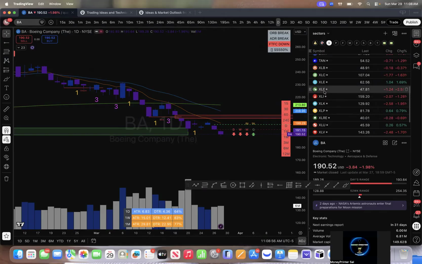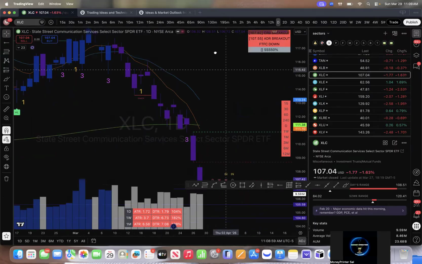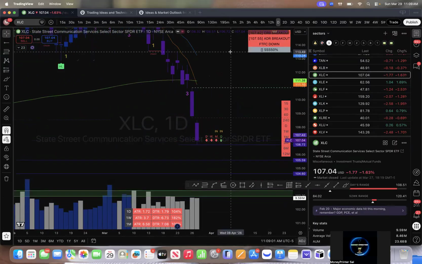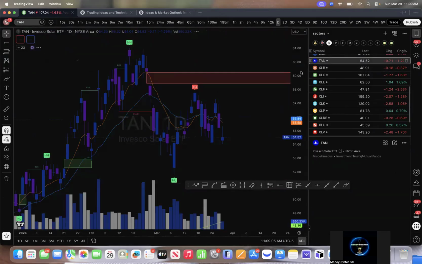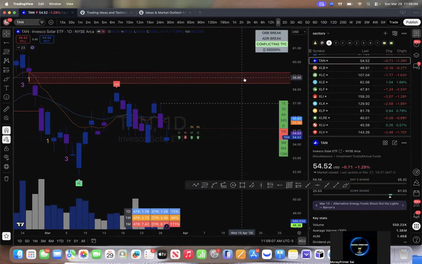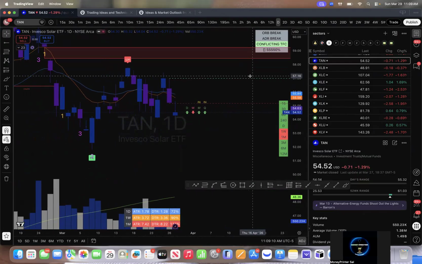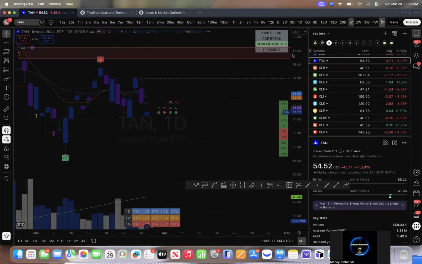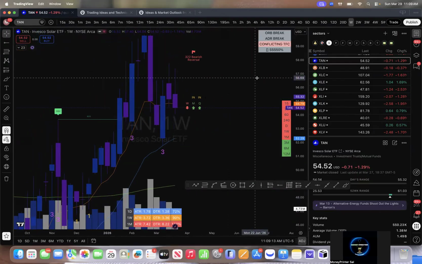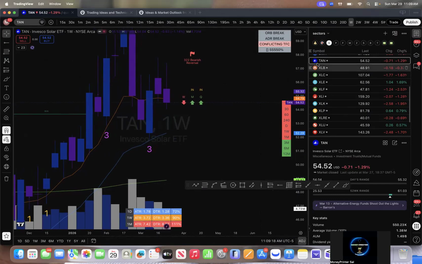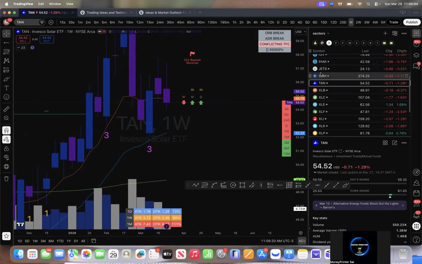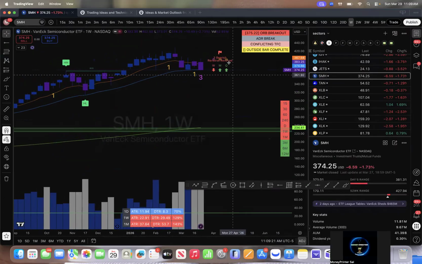I'm bearish on XLF, bullish on XLE, bearish on XLC as well. This one, which is the tan sector, I would be mixed on this one. SMH.